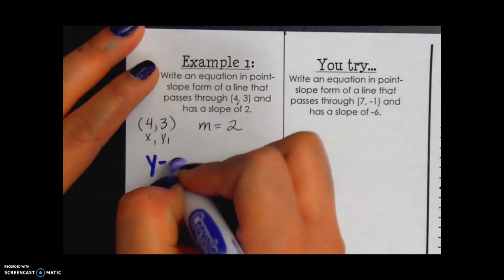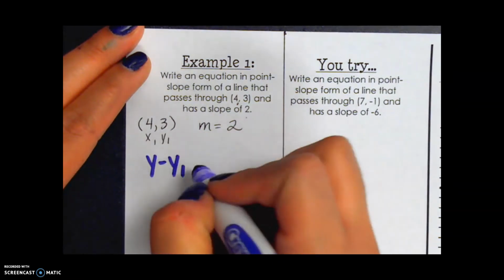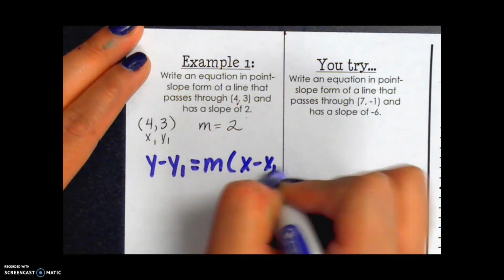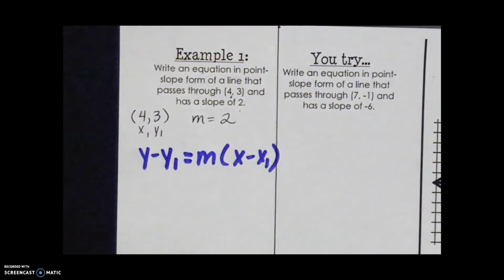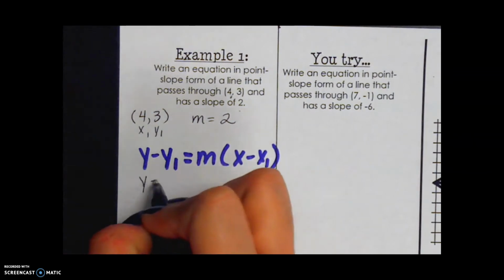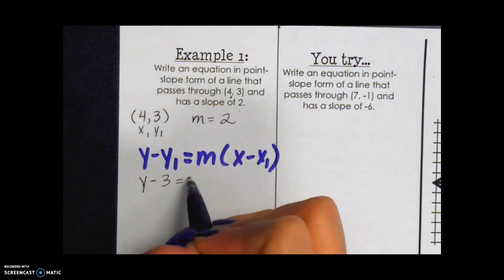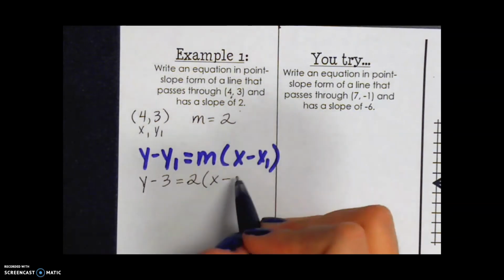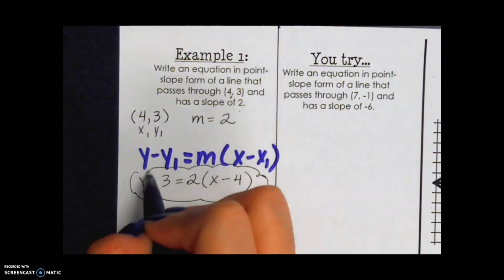It was y minus y1 equals m(x minus x1), because it gave us a point and a slope, so we're going to use that point-slope. So now we just have to plug in our values. All right, so y minus 3, because that's y1, equals 2(x minus 4). And that's our final answer.